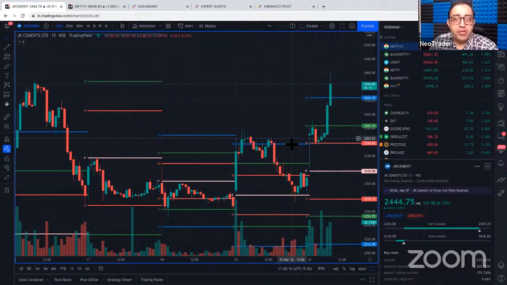The concept of pivot is very interesting. As part of my initiative, I'm going to be conducting a very interesting workshop this Saturday, where I'll be delving deeper into the area of pivots. I'll be sharing with you some very interesting rule sets which you can use to profit from the markets on a consistent basis.